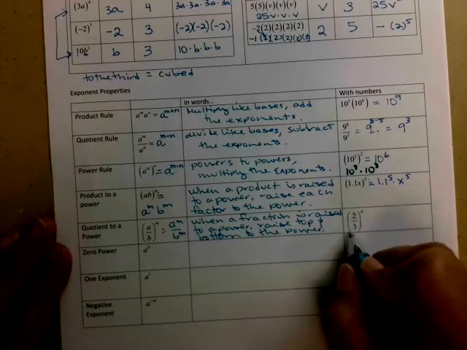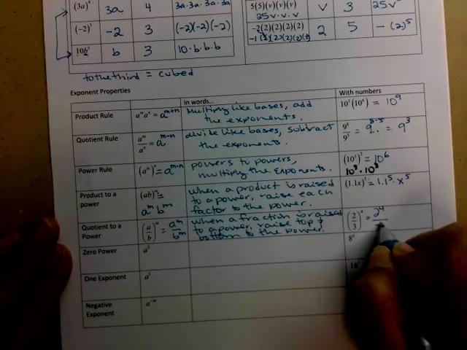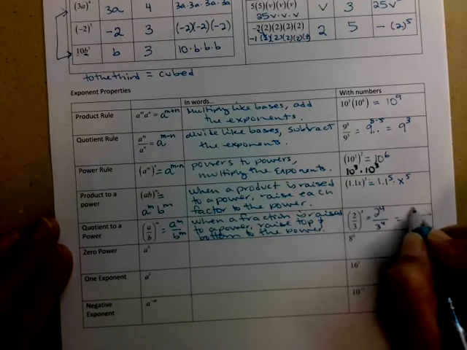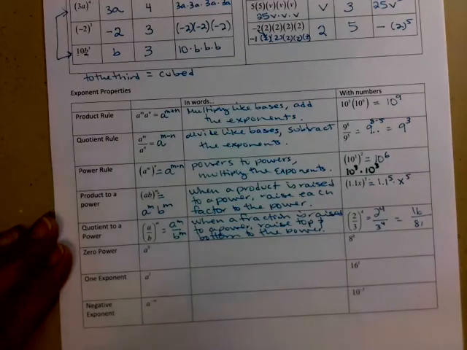So if I have the quantity 2/3 to the fourth, this is 2 to the fourth over 3 to the fourth. What is that? 16 over 81. So 2/3 times 2/3 times 2/3 times 2/3.